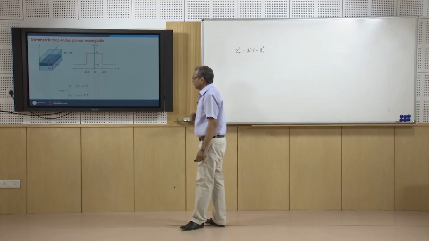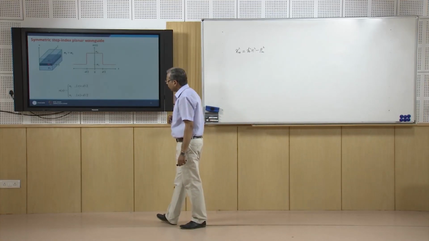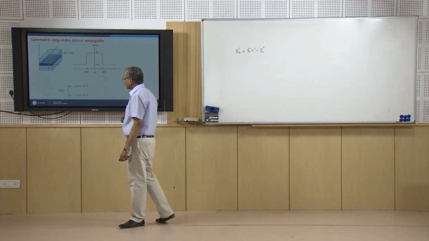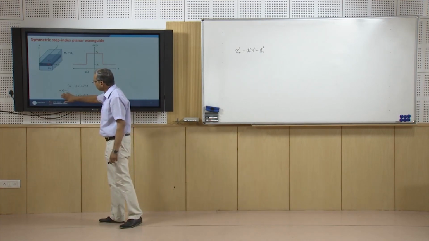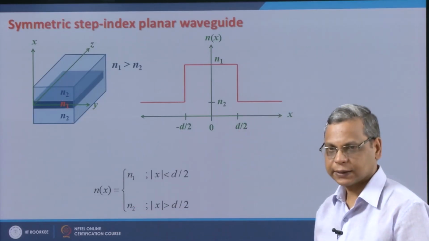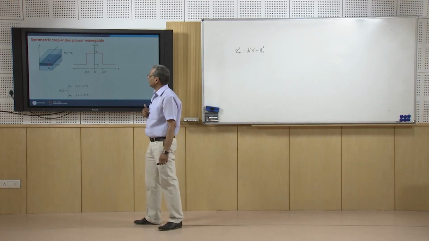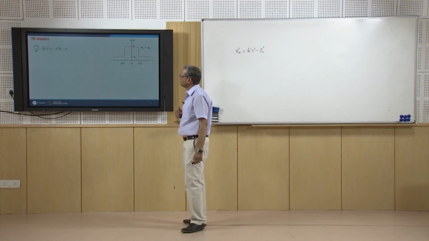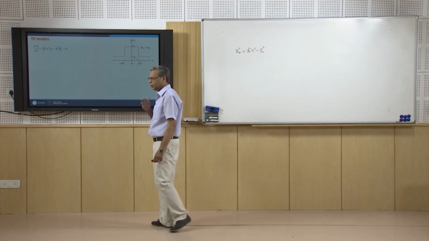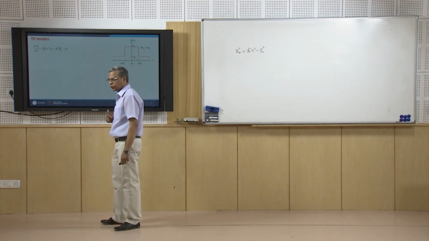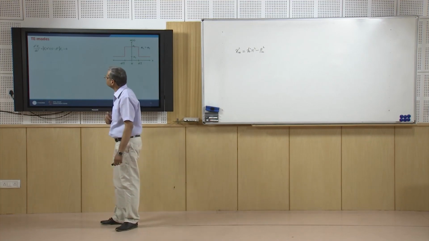And now my problem is to find out Ey and the corresponding beta for this given n of x. So how do I do this? Again go back to the wave equation corresponding to TE modes. Let me first solve the problem for TE modes.